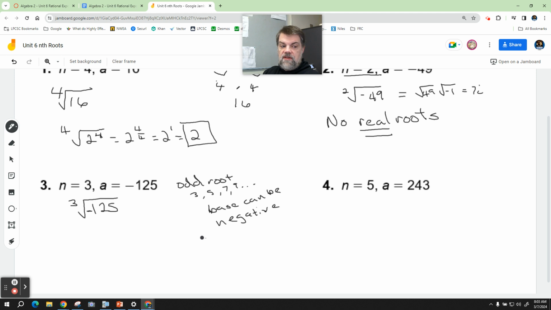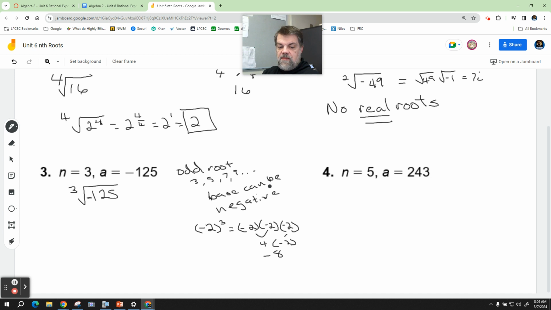So you do the same thing though. If I say negative 2 raised to the third power, well, that's negative 2 times negative 2 times negative 2. This becomes a positive 4 multiplied by a negative 2 becomes a negative 8.